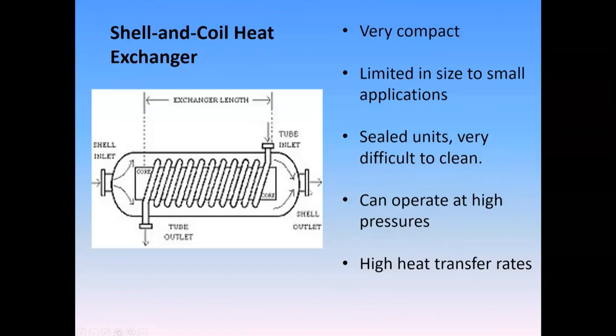Basically, if they get wrecked, we throw them out and we replace it. So these are a little less functional than a shell and tube type heat exchanger, but they're used in a lot of smaller applications for sure. So you'll see these shell and coil heat exchangers.